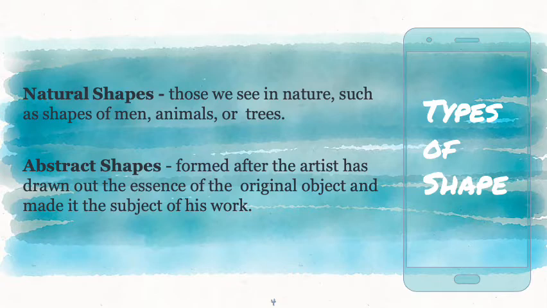Those we see in nature, such as shapes of man, animals, or trees, are what we call natural shapes, while abstracts are formed after the artist has drawn out the essence of the original object and made it the subject of his work. I think I have already discussed this in functions of art bato, or subject and content, how abstracts are actually made by artists.